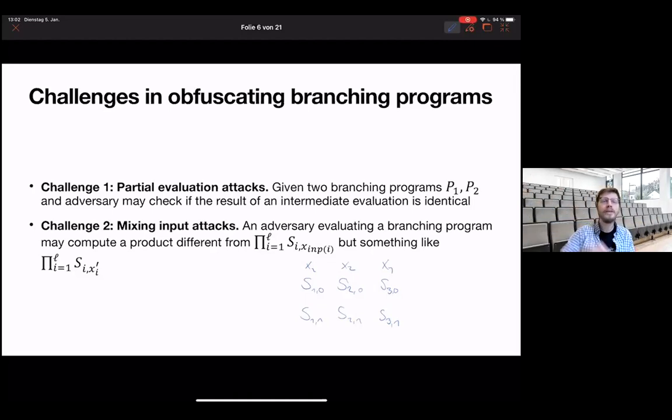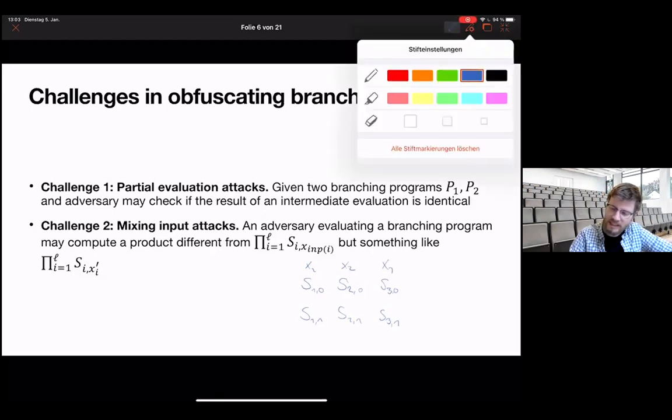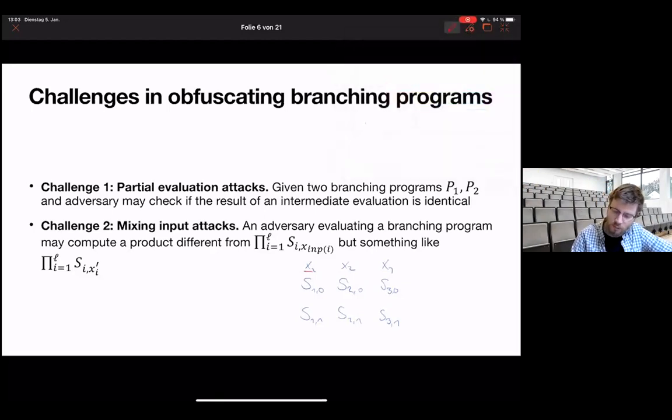So the power really comes from reusing input bits at specific locations again. Otherwise, these branching programs couldn't do more than finite automata. So it's really important that if the branching program says, please use input X1 here and here, you actually do use input X1 in both places.